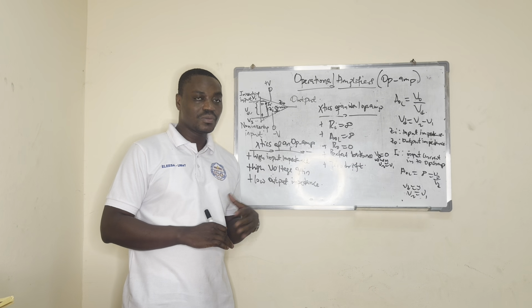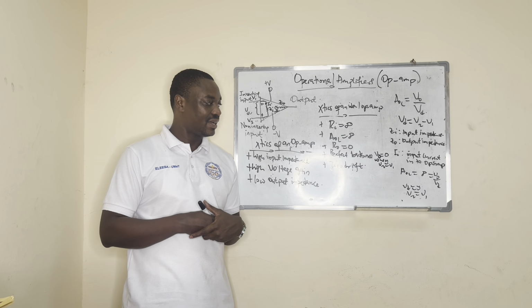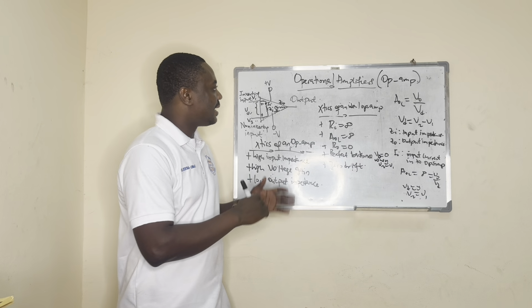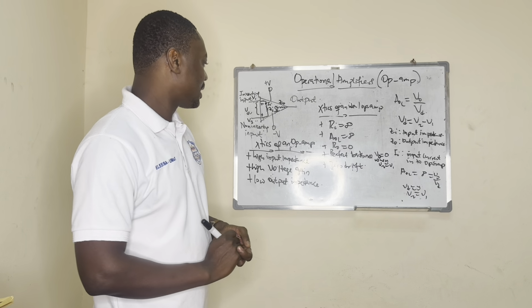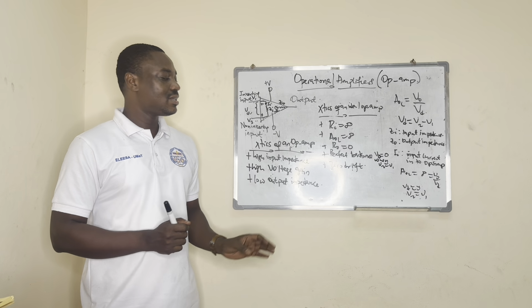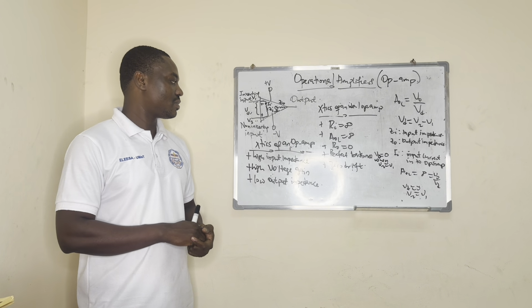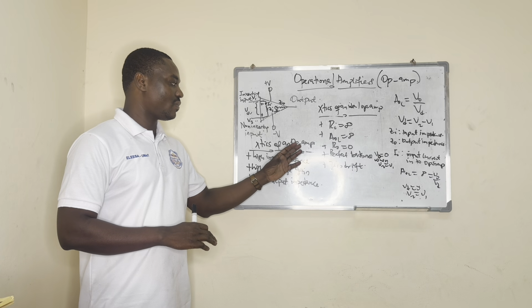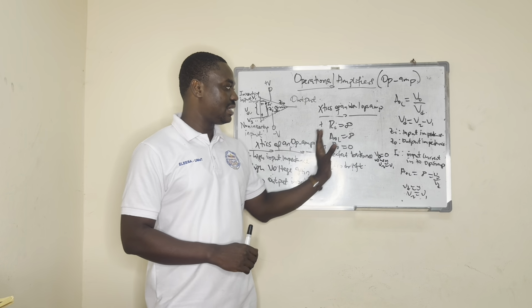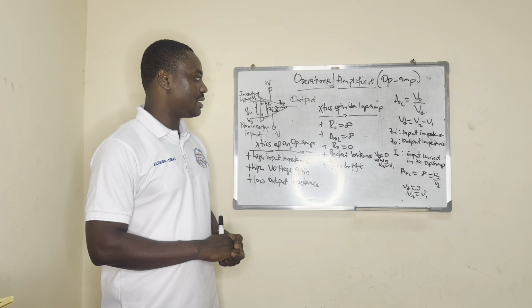So zero drift simply means it's not affected by environmental factors. These are some of the characteristics of an operational amplifier. A practical operational amplifier shares the same general characteristics, but an ideal operational amplifier differs a bit.